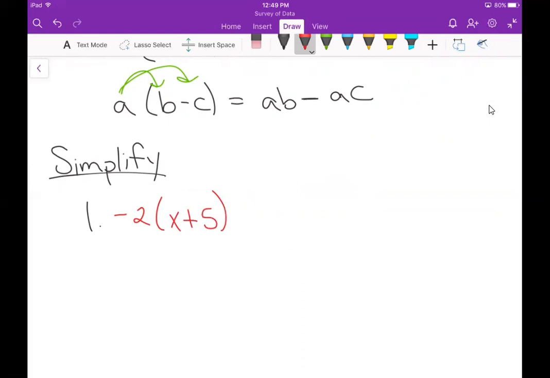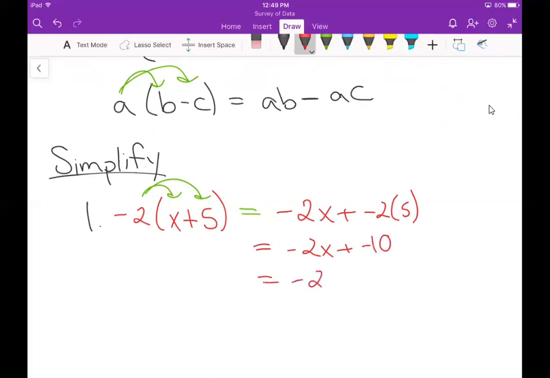But I can carry out this multiplication and get rid of those parentheses by distributing. So my final answer here should be -2 times x plus -2 times 5, and that equals -2x plus -10, or -2x minus 10 in the most simplified form.